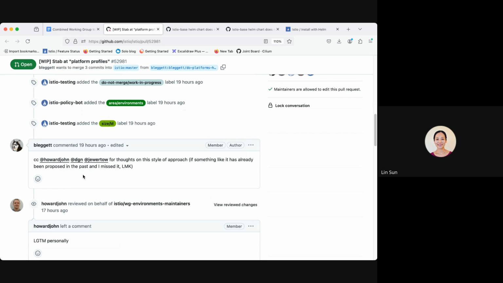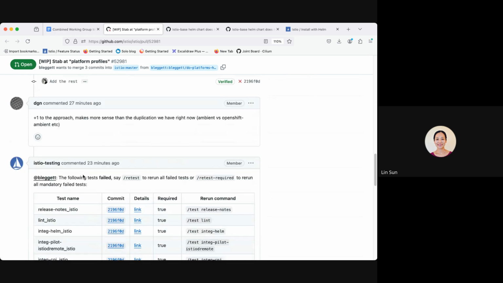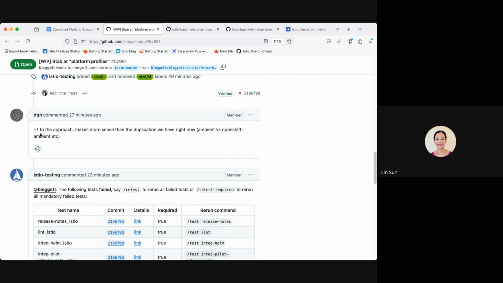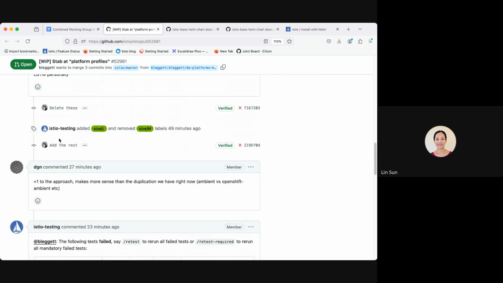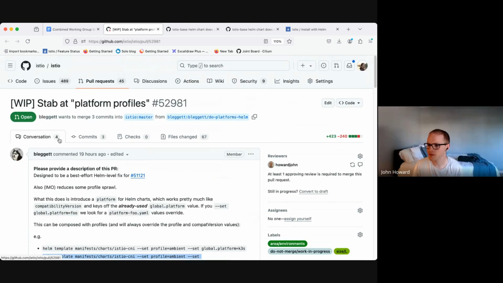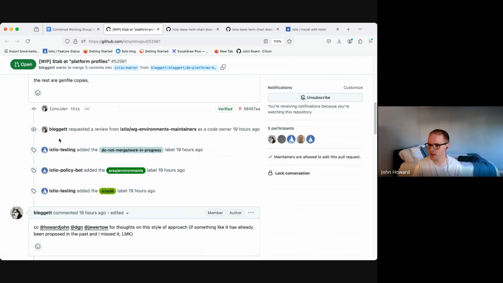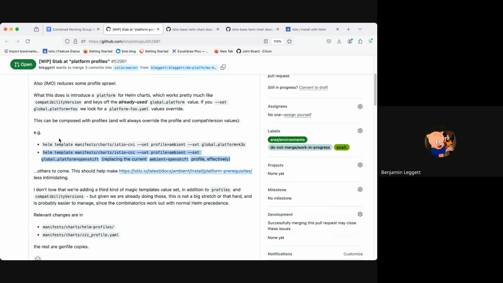All right. Sounds good. Oh, look, we got the Red Hat team also weighing in with a +1, so that's great. Maybe I'm missing something, but it seems like it's not global in the Istio CNI chart. I know it's global when it's referred to in the templates.